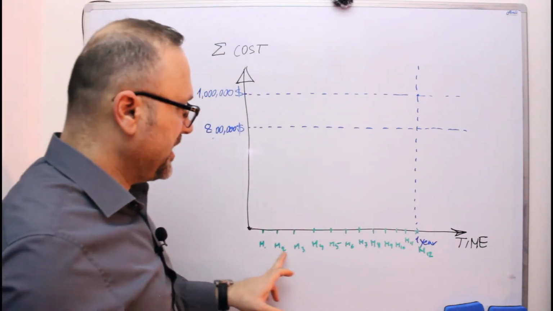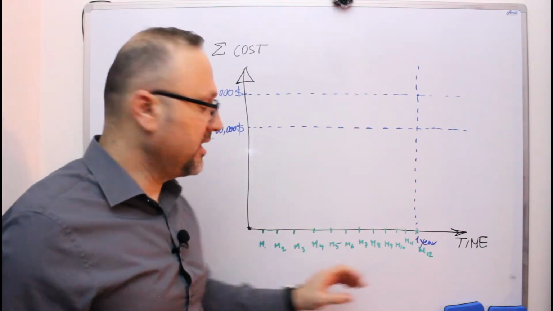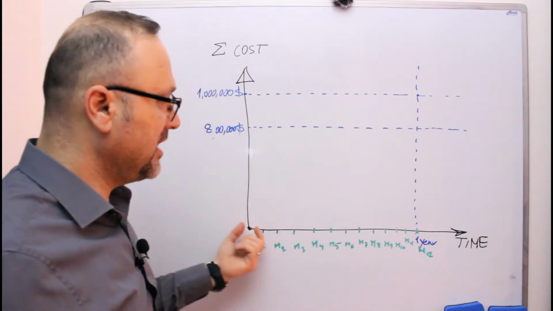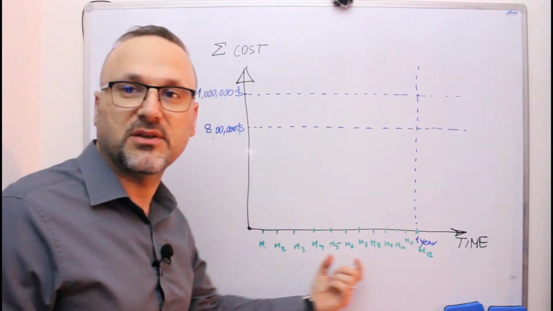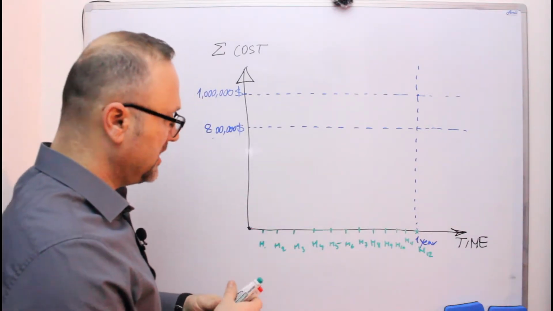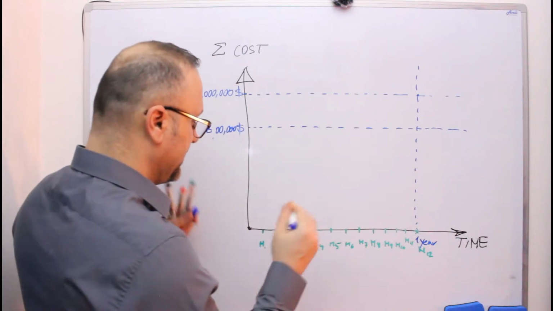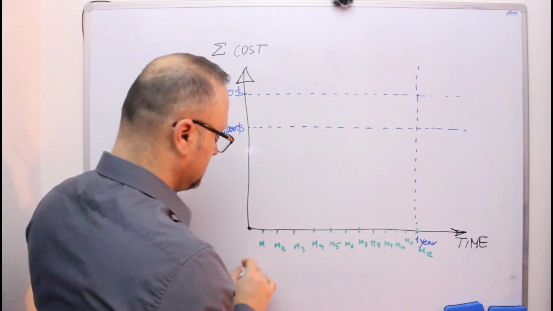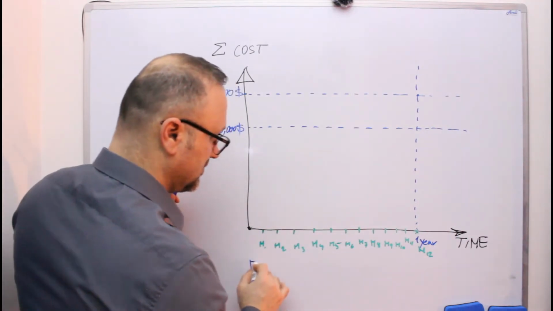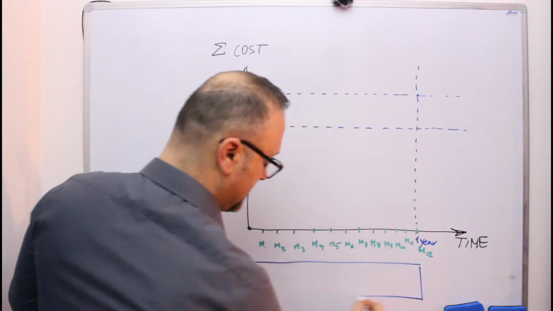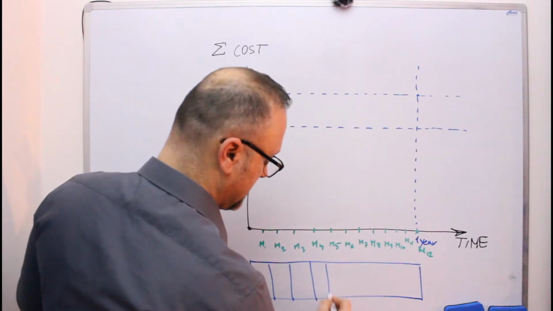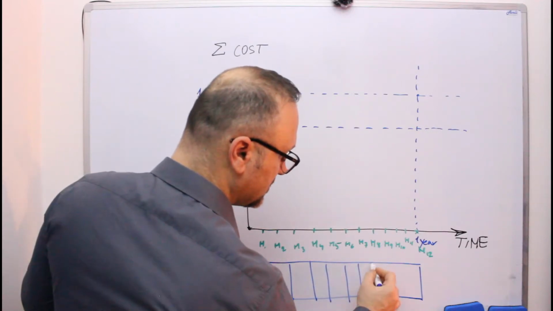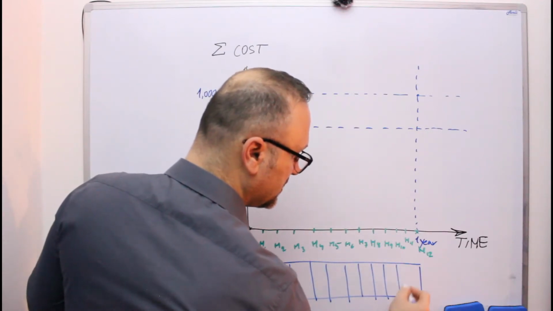For each period, for each month, I have a planned value to be taken during this project. So in month 1, I plan, let's draw it over here and make lines so it will be clear for you.